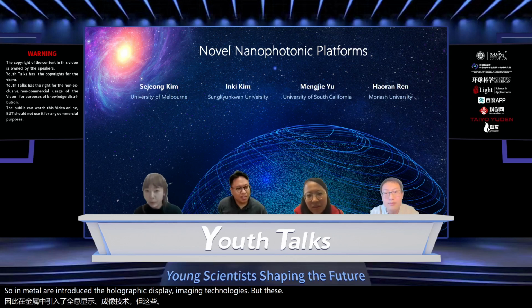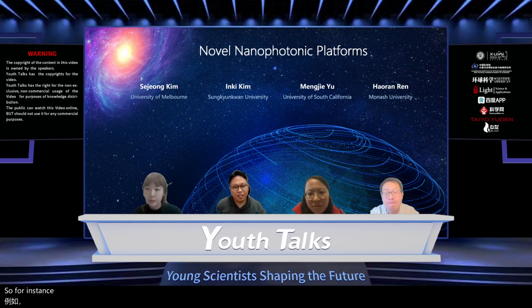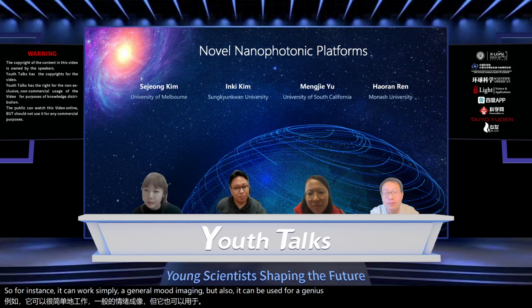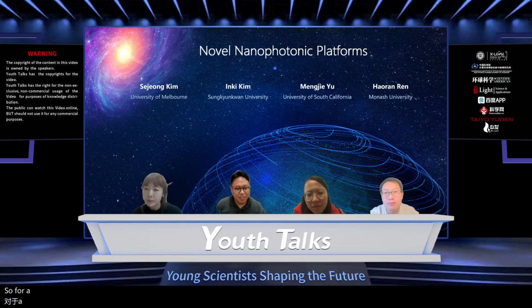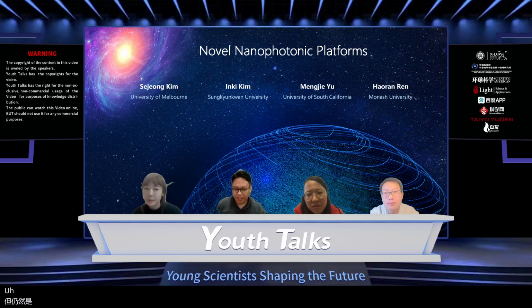These days, I've been using metalenses for specific bioimaging. For instance, it can work in simple general mode imaging, but it can also be used for edge imaging mode. For a specific application like biocell imaging, it will be quite useful, I guess. But still, it's quite difficult to catch up with a conventional objective, I guess.